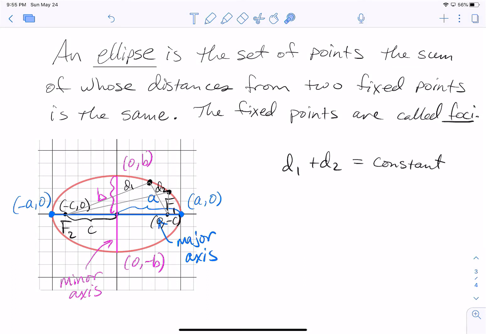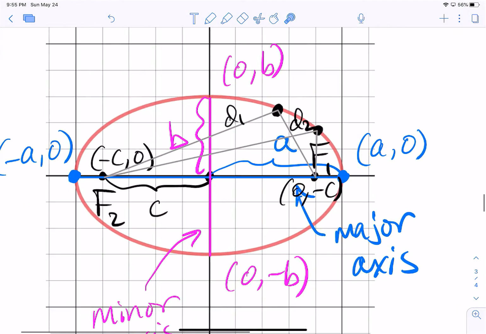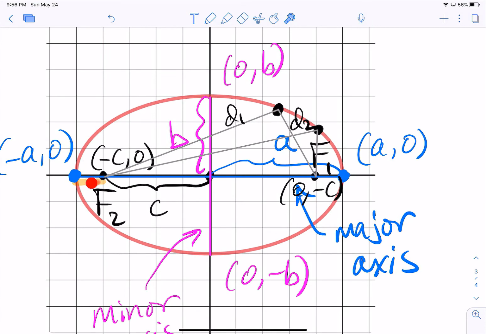Now we can actually figure out what the constant is. We imagine we go from F2 to the edge, so (-a, 0), and then back all the way over to F1. Let me get a different kind of diagram here. So I'm going to go from F2 to (-a, 0). There's that little orange segment there. Because remember, it doesn't matter what point I pick to go to on the edge. And then from that ending point, (-a, 0), I'm going to go to the other focus.